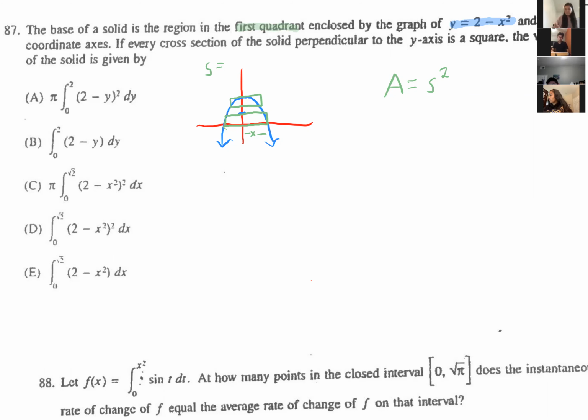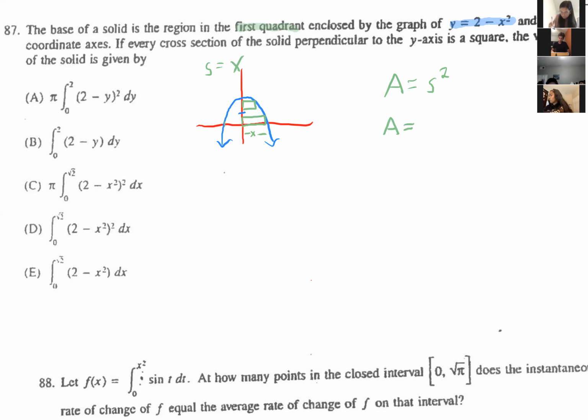So I am going to redraw my squares. We're only working in quadrant 1 here, so it's going to go like this and like this. The side length of each square is just going to be the x coordinate of the parabola. So I can write the area of each square.